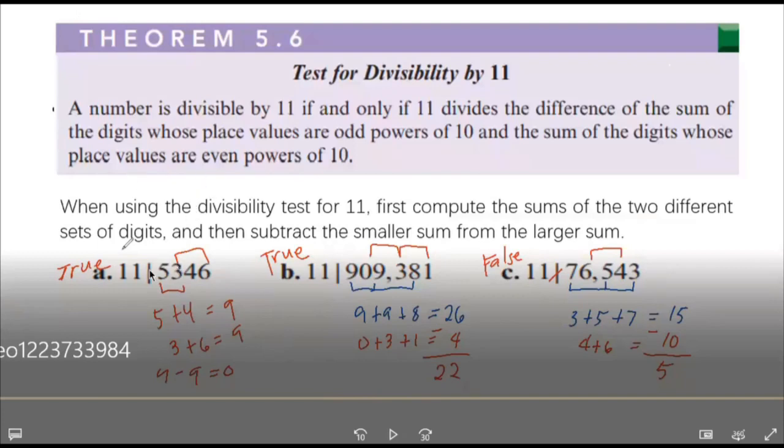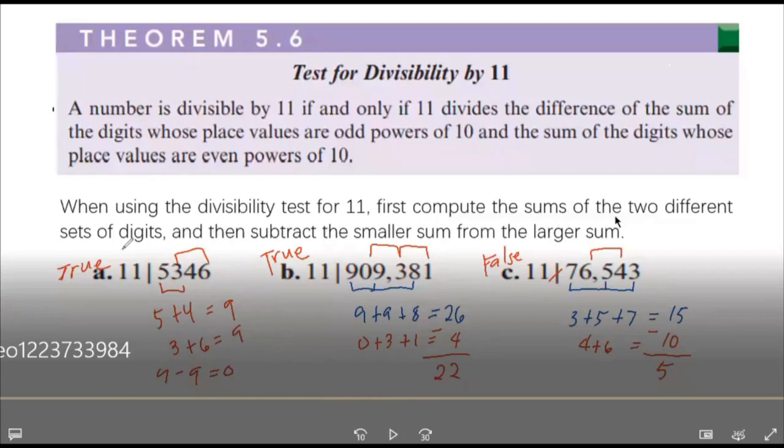Okay, so dito sa case na to, ang ginawa natin dito para ma-verify natin kung yung ating 3 examples ay divisible by 11. For example, sa letter A, 11 is divisible by 5,346. Ang question kung ito ba ay true.